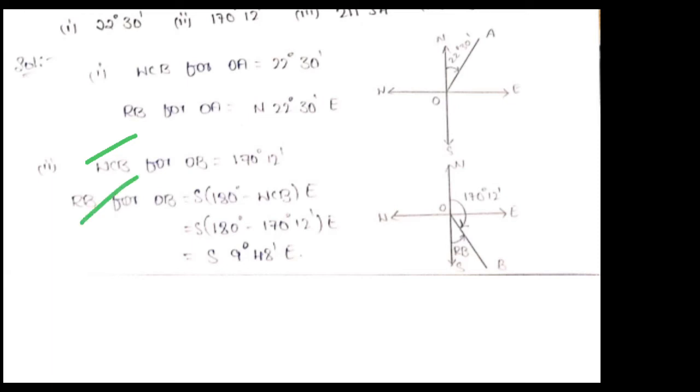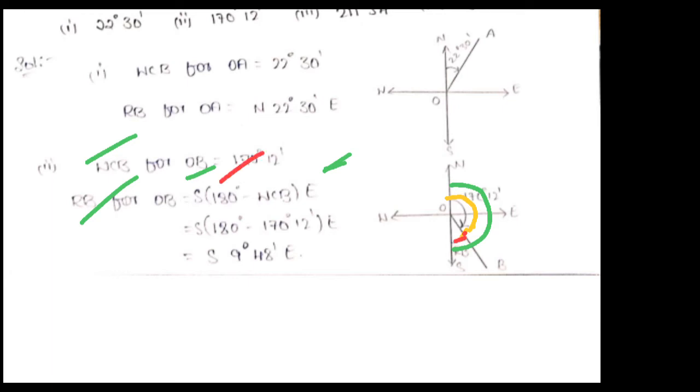RB for OB equals, first we need to mention the coordinate, that's why south east. Second quadrant is nothing but the southeast quadrant. And the angle is calculated as total 180 degrees minus the WCB angle.